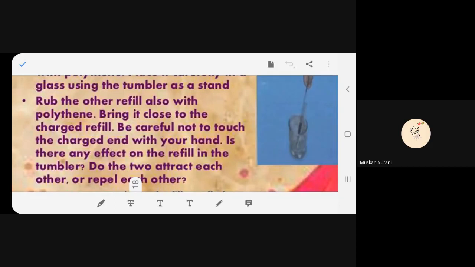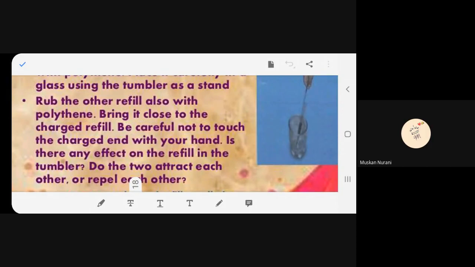Tell me what will be the answer, beta. Will they attract or will they repel? What is the answer? Will the two refills attract each other or repel each other? What will happen, beta?